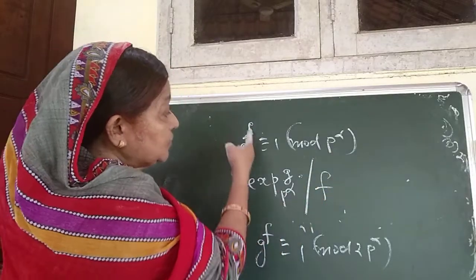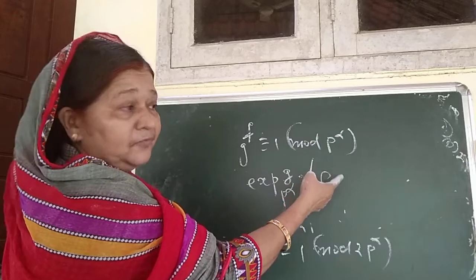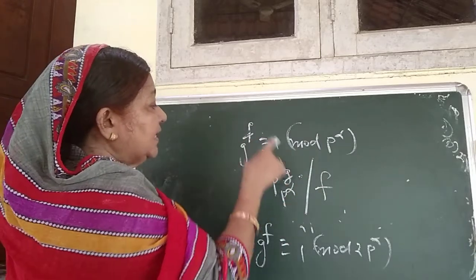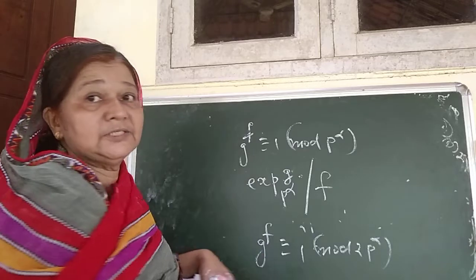Here we get g raised to f equal to 1 mod p raised to alpha. Therefore, f is a multiple of the exponent of g for p raised to alpha.